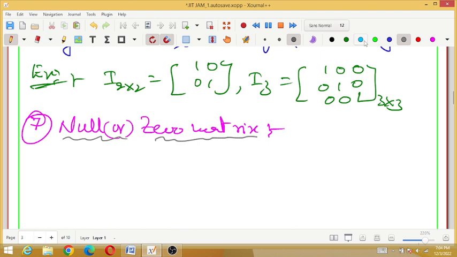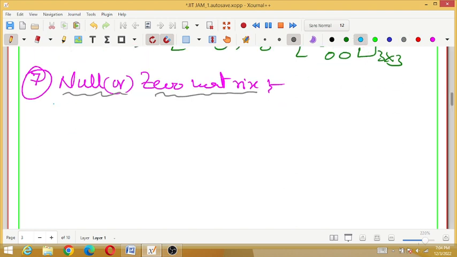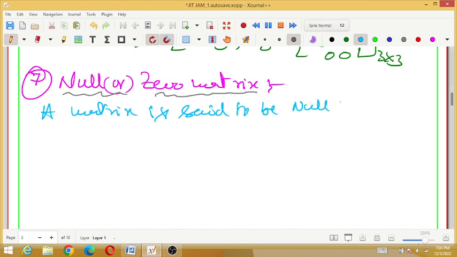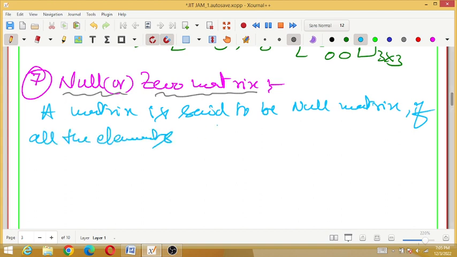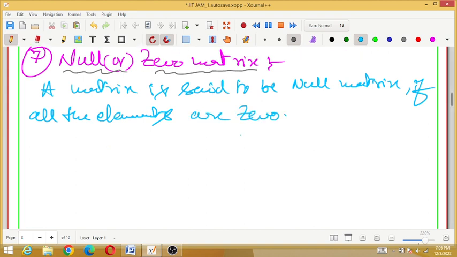See here, my dear students, a matrix is said to be a null matrix if all the elements are 0. All the elements in the matrix are 0.